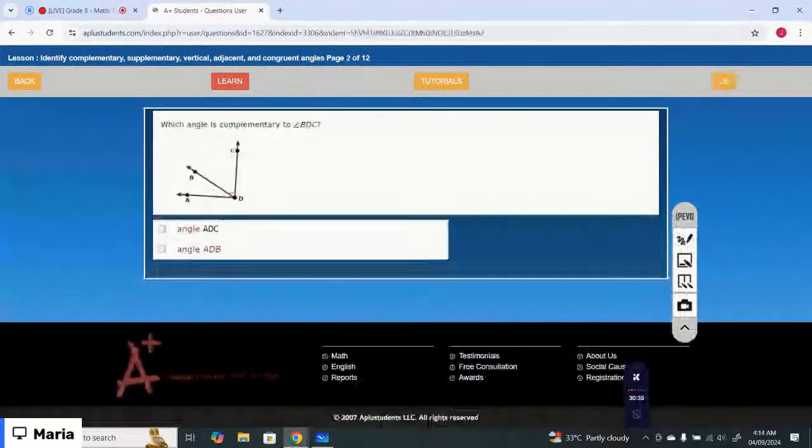Which angle is complementary to angle BDC, which is the correct option?